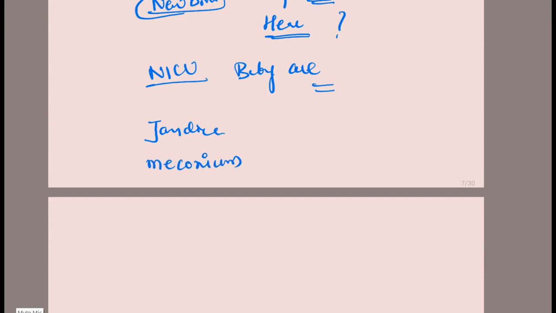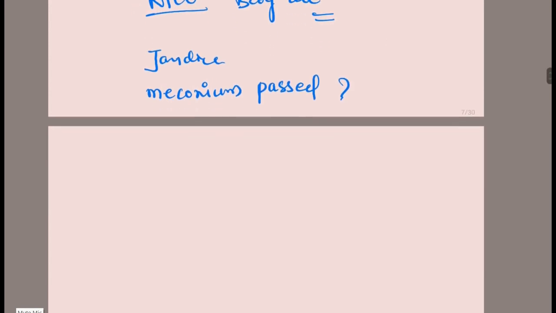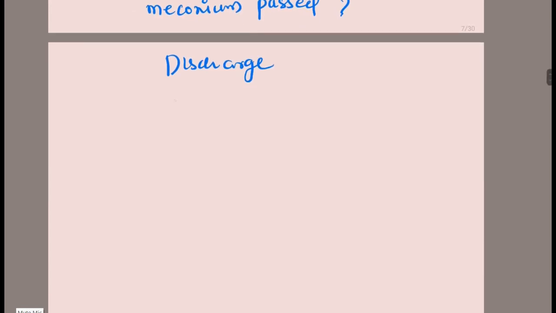It's very important especially when you're dealing with a case of constipation. When was the first meconium passed? Okay, and when was the baby discharged from hospital? And any home oxygen required in case of chronic lung disease, any home oxygen after discharge. Home oxygen, if relevant, you need to ask.